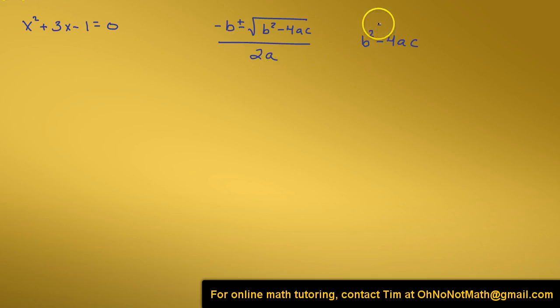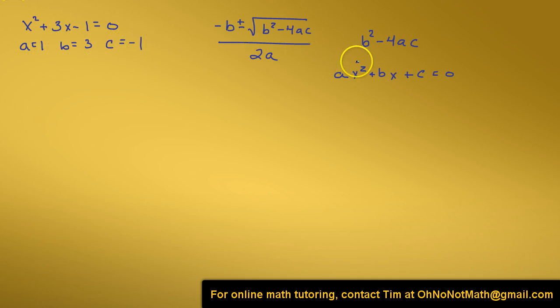Remember, the form of the quadratic equation is ax squared plus bx plus c equals 0. So our a, b, and c in this equation are a equals 1, b equals 3, and c equals negative 1.